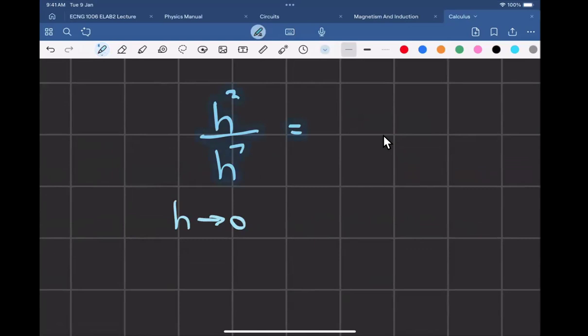H to the power minus 5. Right, but let me look at it as a fraction. It'll be easier to see it as a fraction. What would this look like as a fraction?